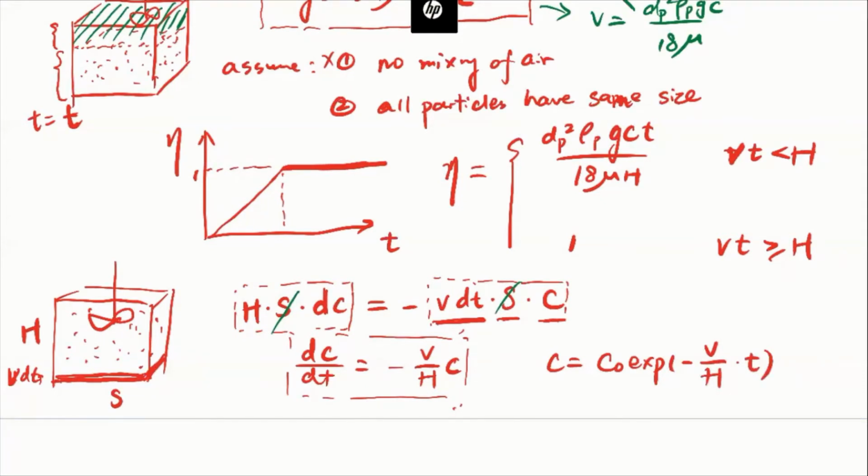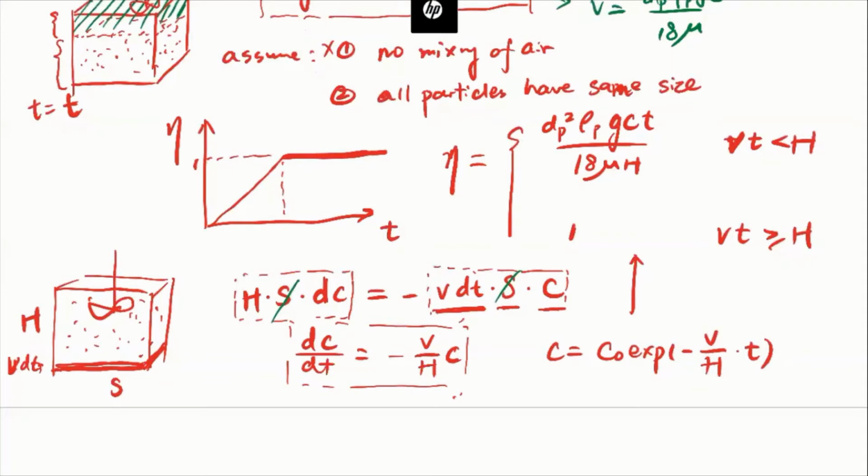If we plot out the concentration or the removal efficiency, we have something that looks like this. This is the particle concentration, and it's going to decrease exponentially.